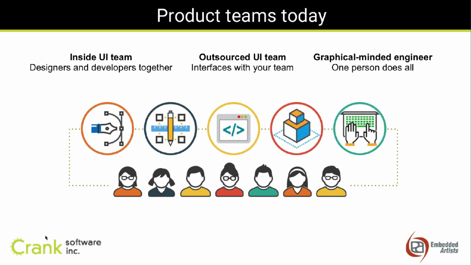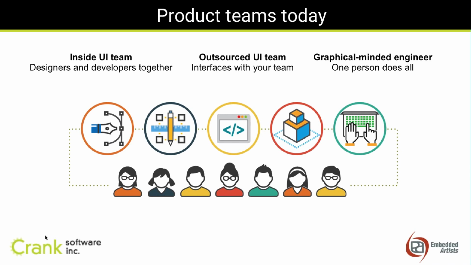The first one is usually your larger companies, but not exclusive to them. They have a UI team inside. They have a VP of user interface or a director of experience or whatever it might be, and they have a graphics team underneath them that is providing content to the engineering team of what it will look like.